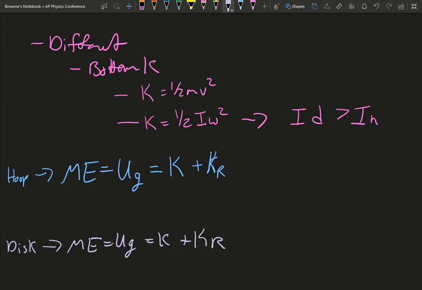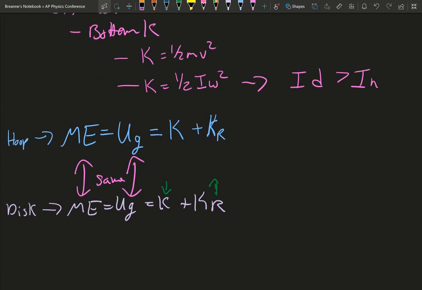But for your disk, this is increasing. So if this is increasing, but all this is staying the same, that means this has to decrease.